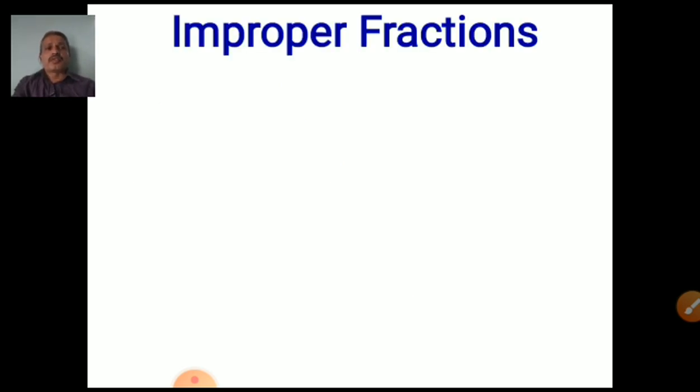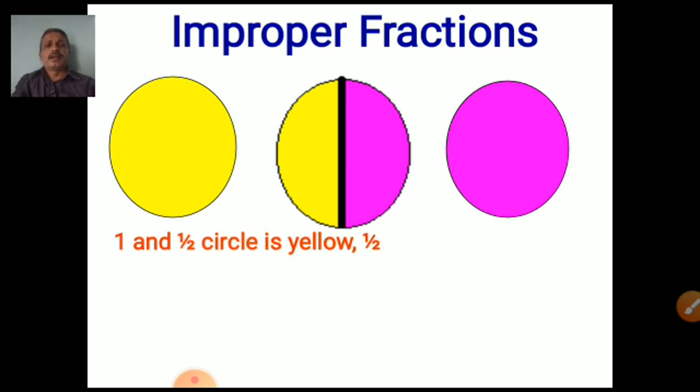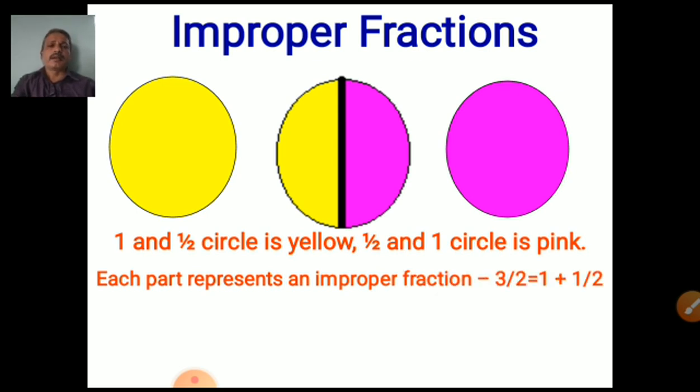Regarding improper fractions. Improper fractions, how to represent them here. This is 1 and a half circle yellow and 1 and a half circle pink. Each part represents an improper fraction. So suppose 3 upon 2. How many parts are there in total, student? 3 upon 2, or you can say 1 whole part and half of the other one.